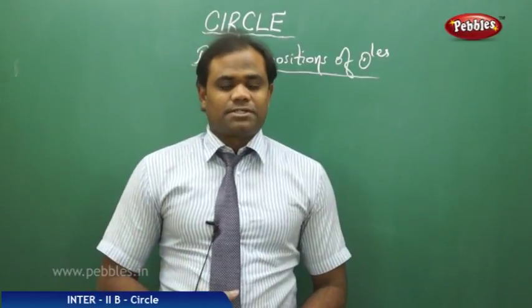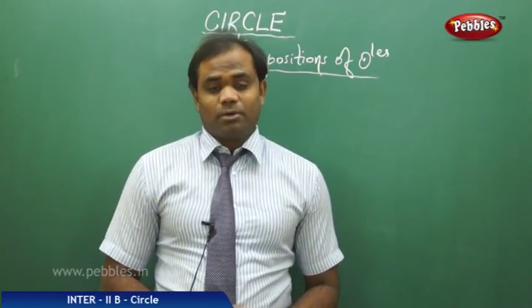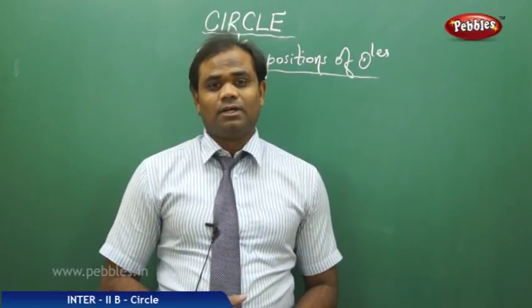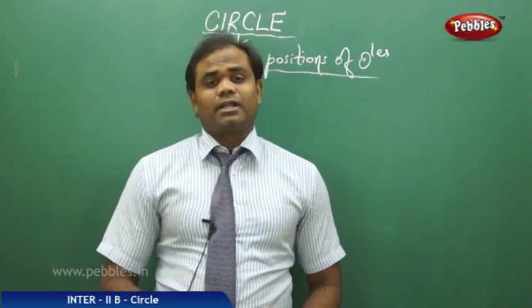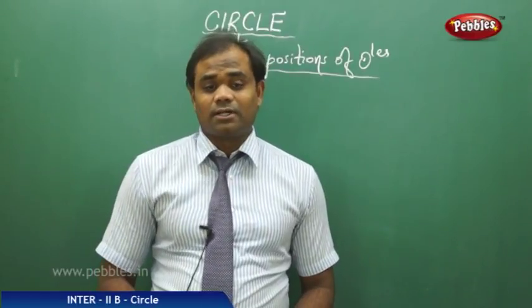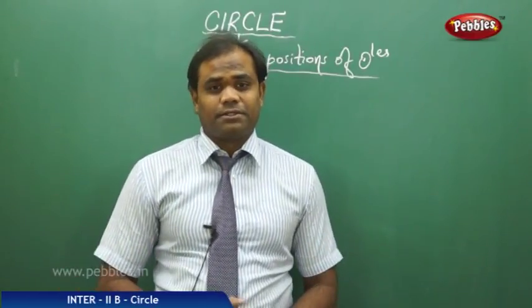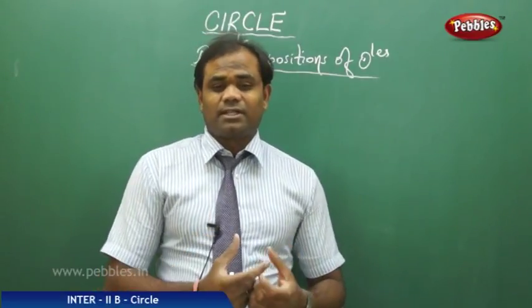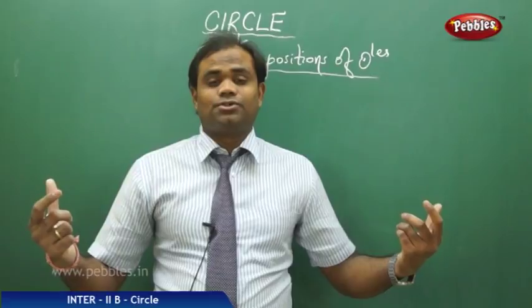Now that we have discussed circles and the position of points and lines with respect to the circle, let's come to what happens if two circles have their relative positions changed. That is, if the two circles touch, or intersect, or are disjoint.